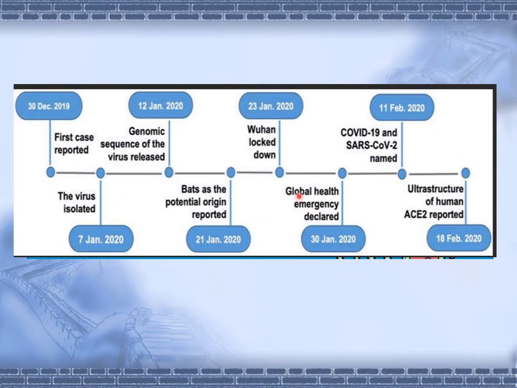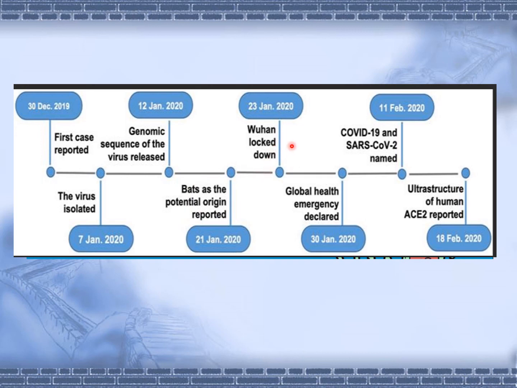As you all know, this disease first originated in Wuhan, China on 30th December 2019, and its origin was from bats.